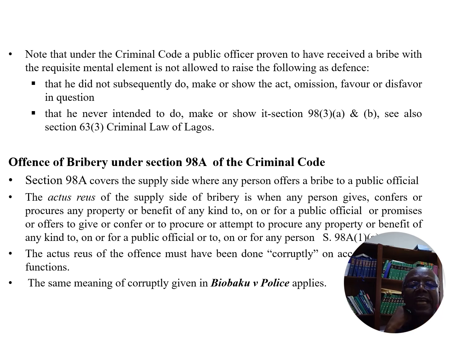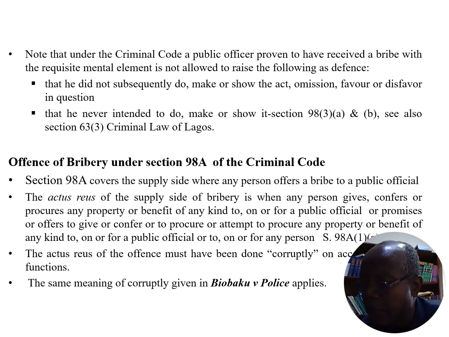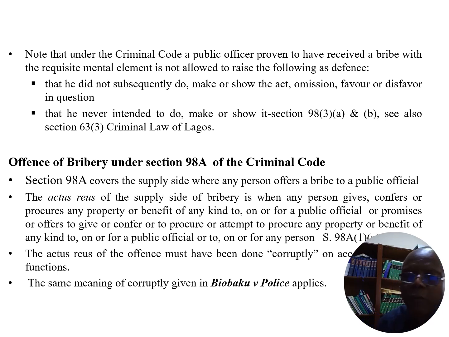Now, Section 98A covers the supply side, where any person offers a bribe to a public officer. Now, the public officer is not demanding or asking for the bribe. The initiative for the bribe did not come from the public officer. The initiative came from any person.